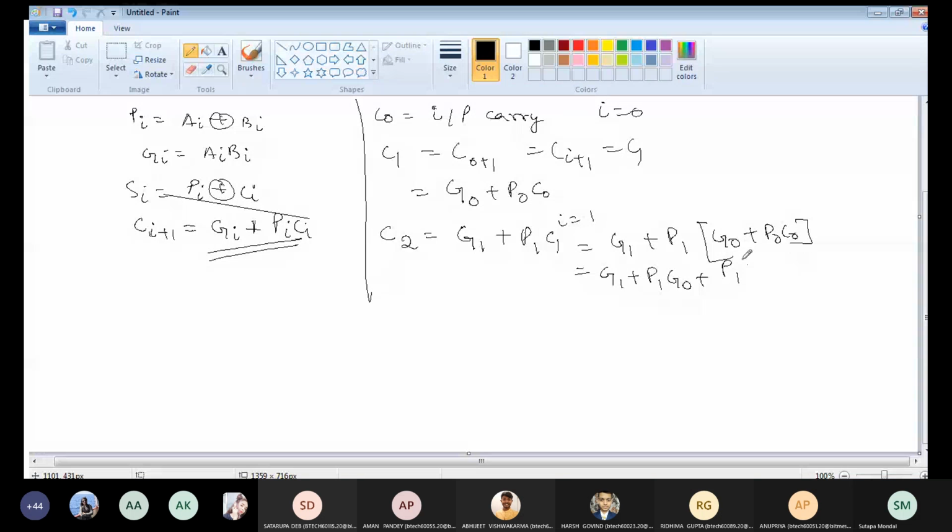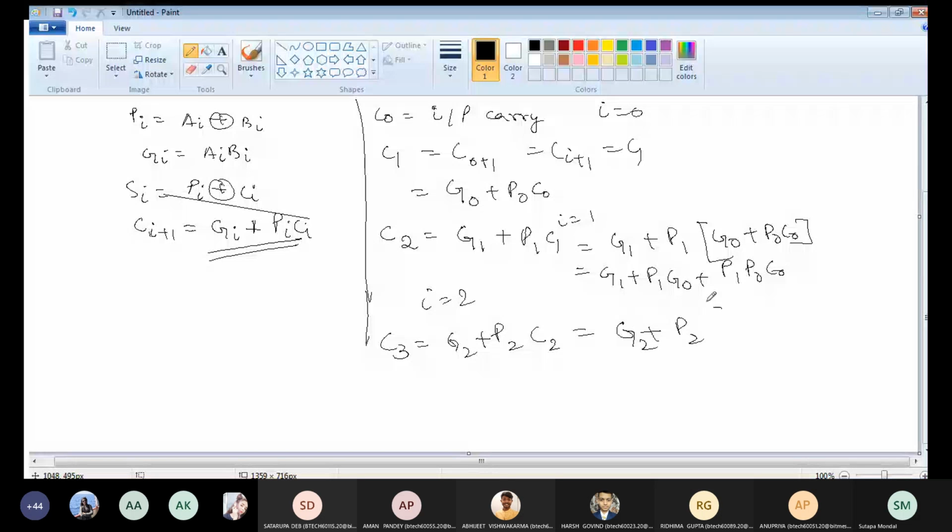So what will be the equation? C3 equals G2 plus P2 C2. Now what will be the value for this P2 C2? Can we write it like this: G2 plus P2, and instead of C2 you write G1 plus P1 G0 plus P1 P0 C0.